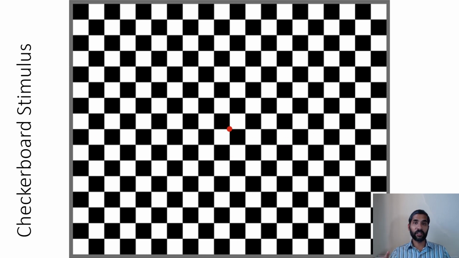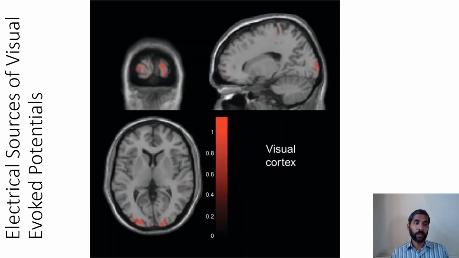Usually you switch the white and black patterns on this screen so that it's a dynamic kind of stimulus to the brain. And when you look at the fMRI data again, you can see that the back of the brain is getting lighted up when the stimulation is being provided.